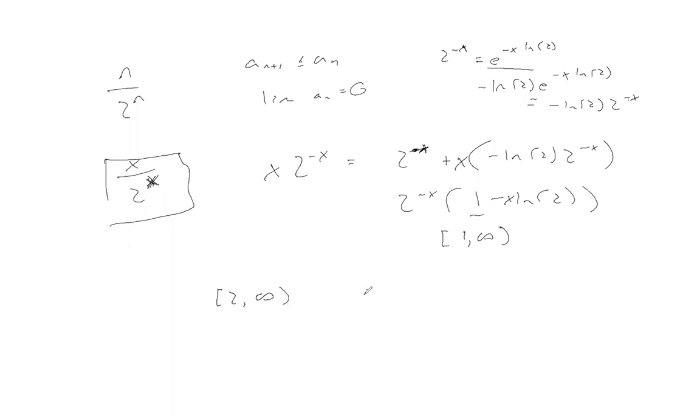So that means my series is decreasing on 2 to infinity, and that's good enough. As long as it's decreasing eventually, we can use the alternating series test. So this condition holds on this interval. So boom, that condition holds.